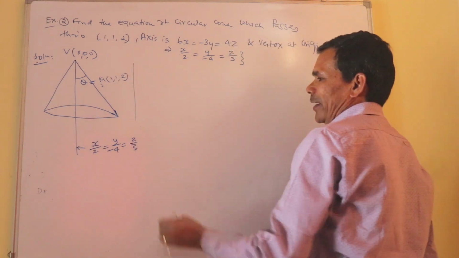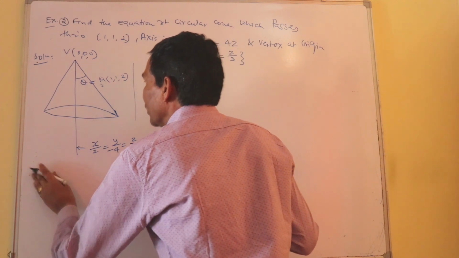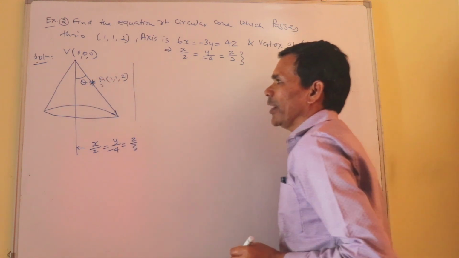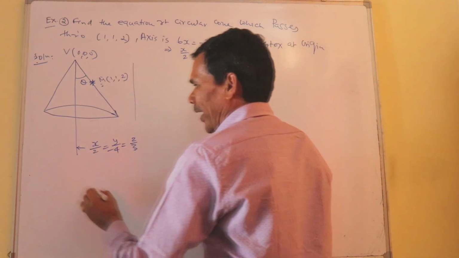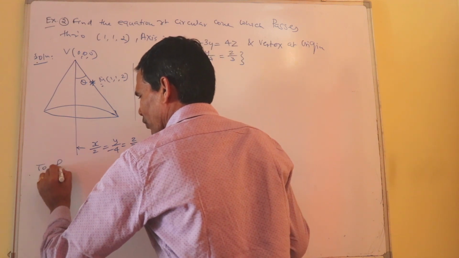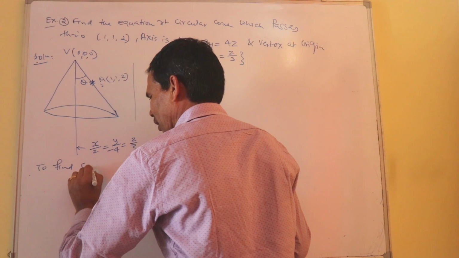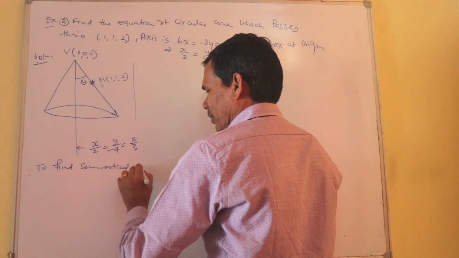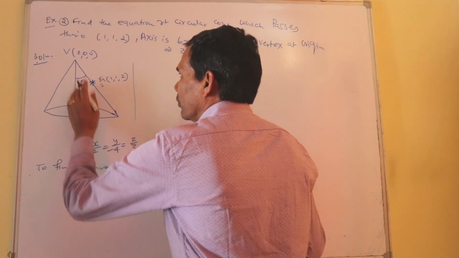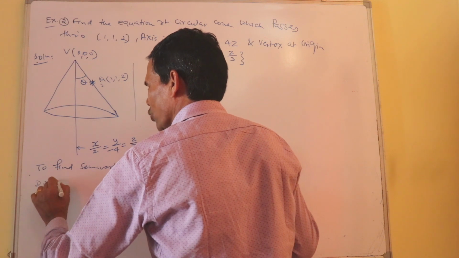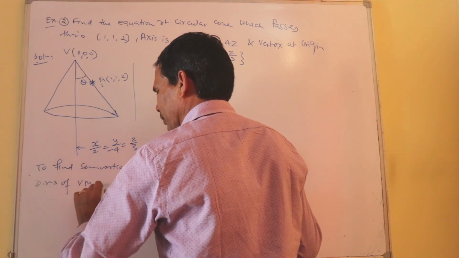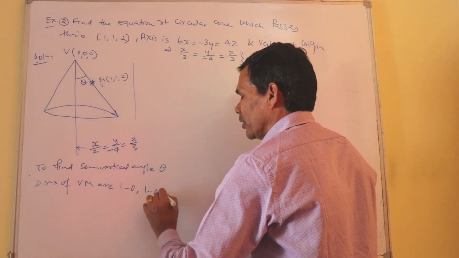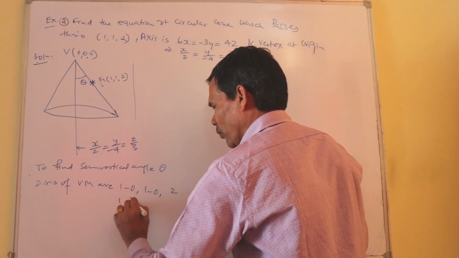So we need to find the semi-vertical angle. This point is M, any point on this cone. If it is required, then only we can find the equation of the cone. So the direction ratios of VM are 1 minus 0, 1 minus 0, 2 minus 0, that means 1, 1, 2.